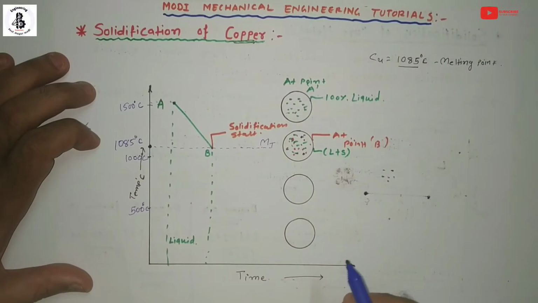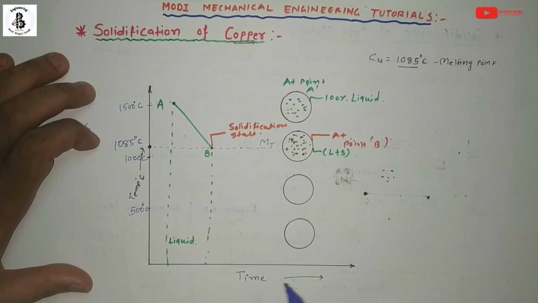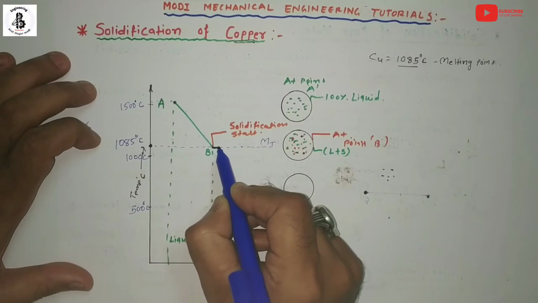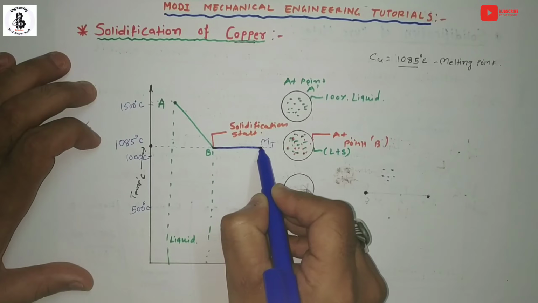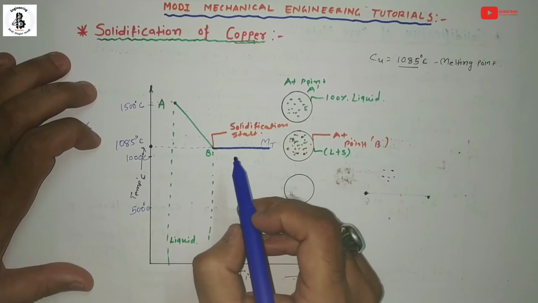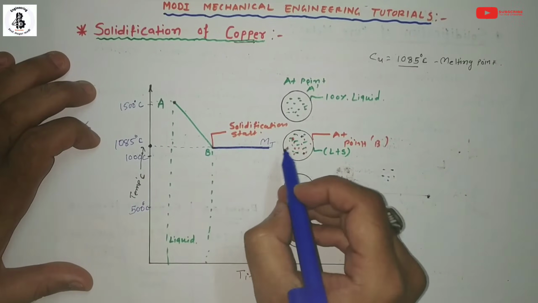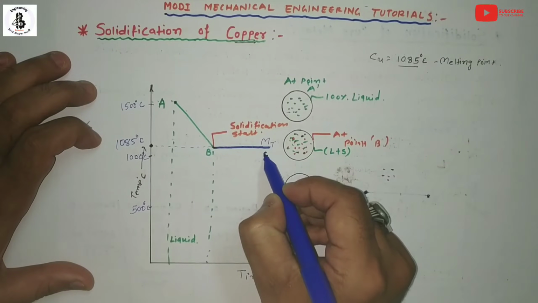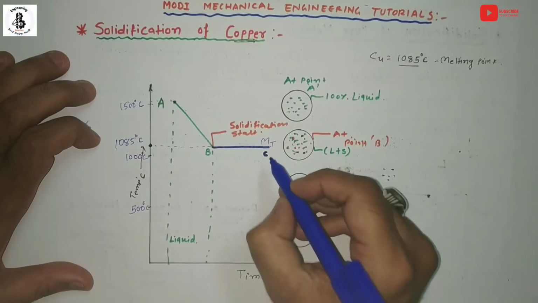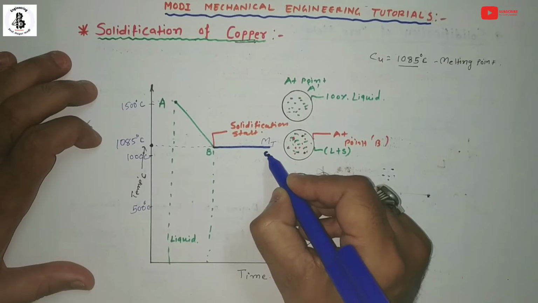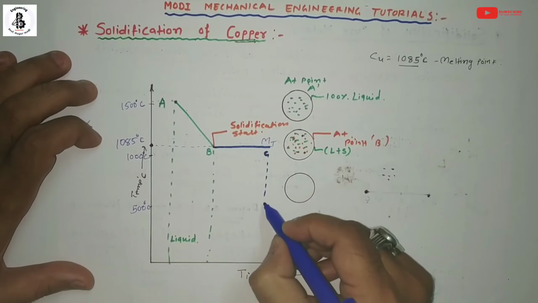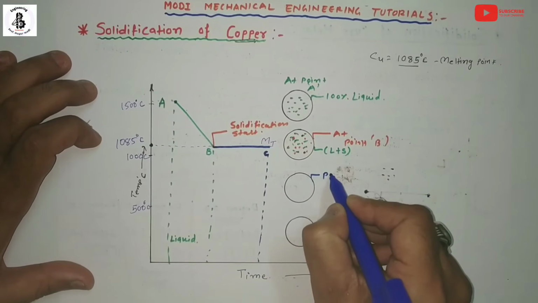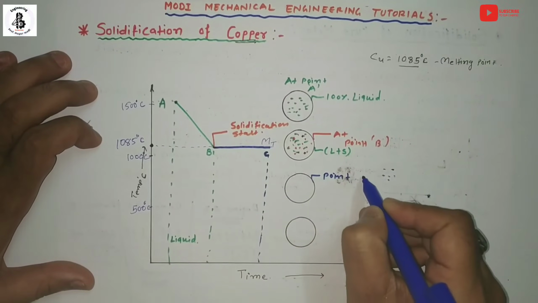So the equilibrium cooling goes further. After point B, it takes some time for the liquid phase to convert totally into solid. Here is point C, with respect to time.